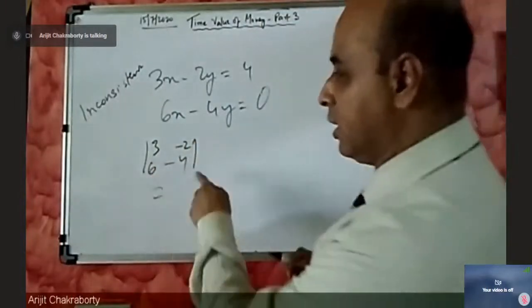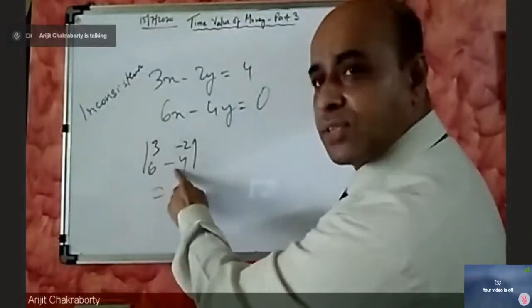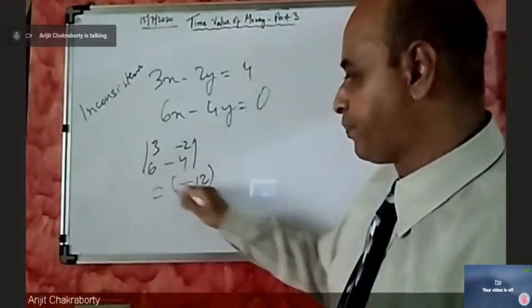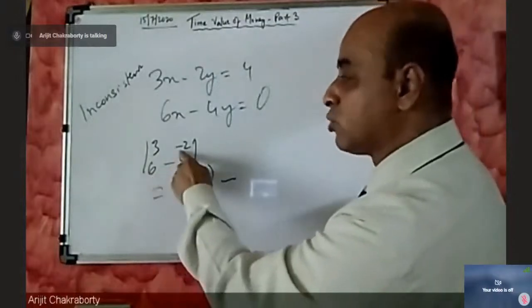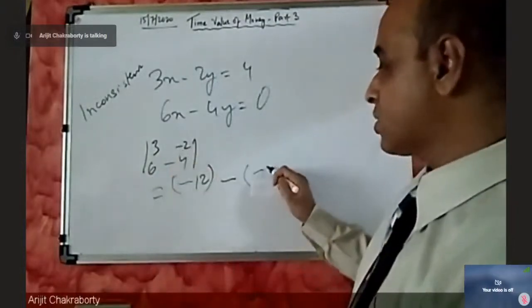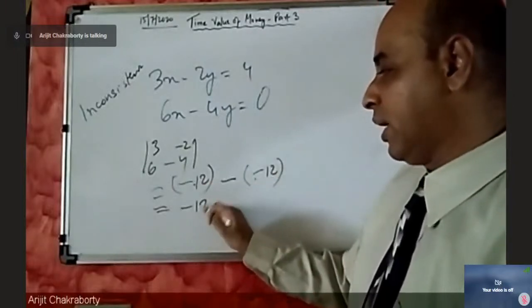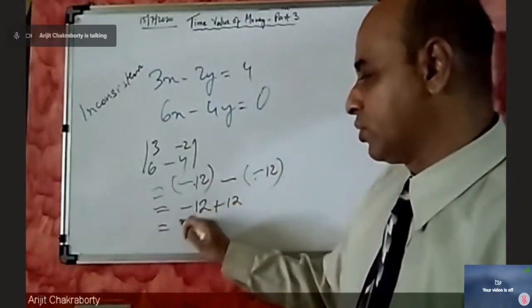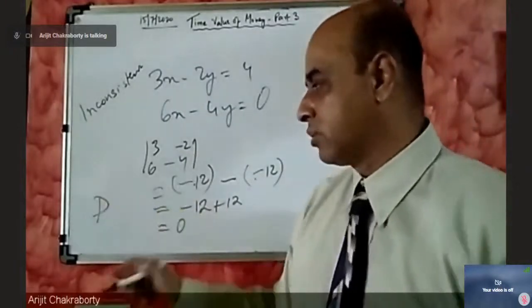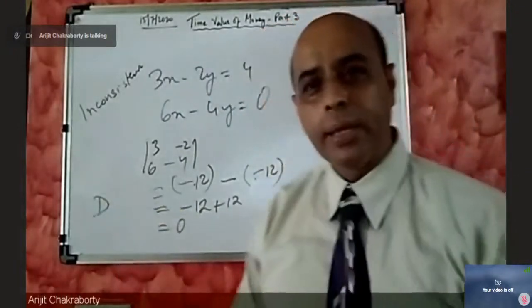So determinant means 3 into minus 4, that is minus 12, minus 6 into minus 2, that is minus of minus 12. So you get minus 12 plus 12, which is 0. So the determinant becomes 0.